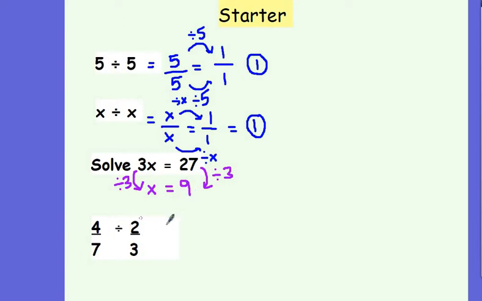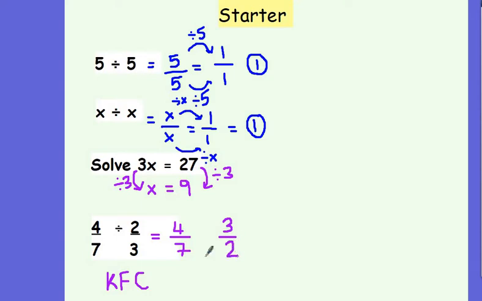And finally, to do a division of a fraction, what do I need to do, Owen? Can you remember? I need to apply my KFC, my keep, flip, change. I keep my first fraction, which is 4/7. I flip my second fraction to become 3 over 2.